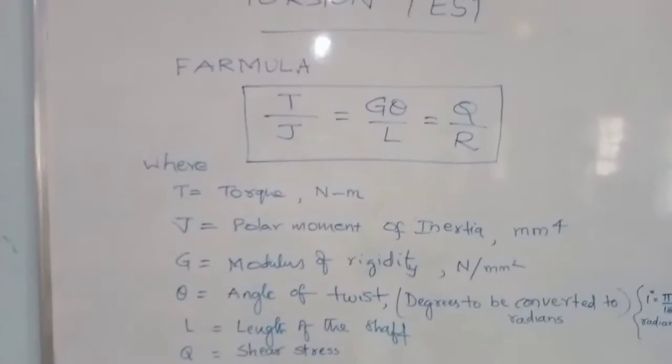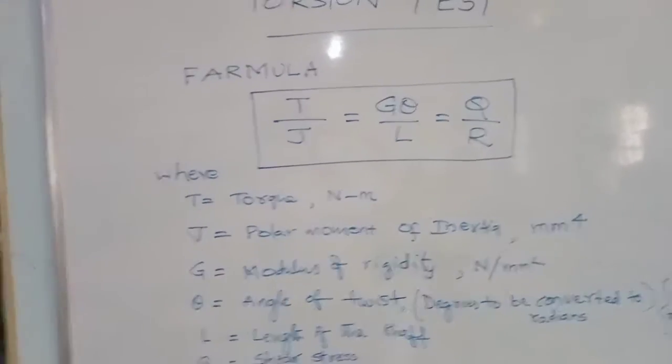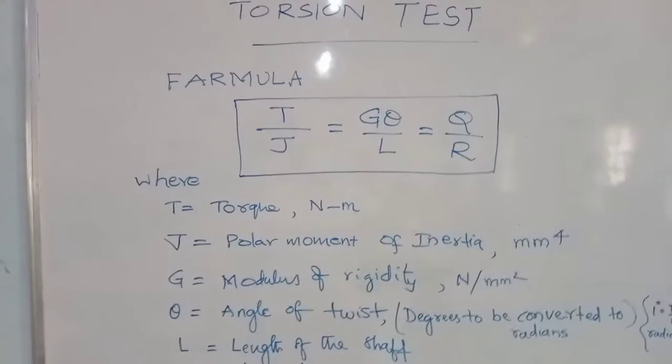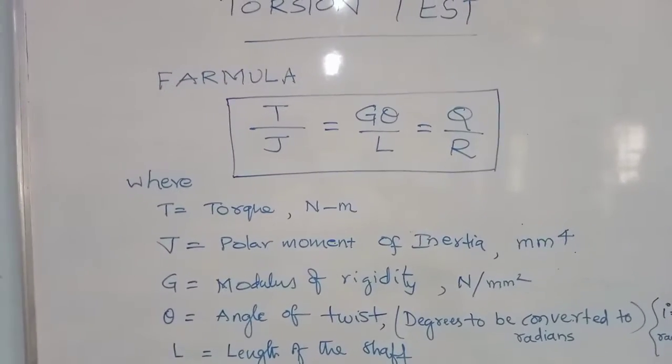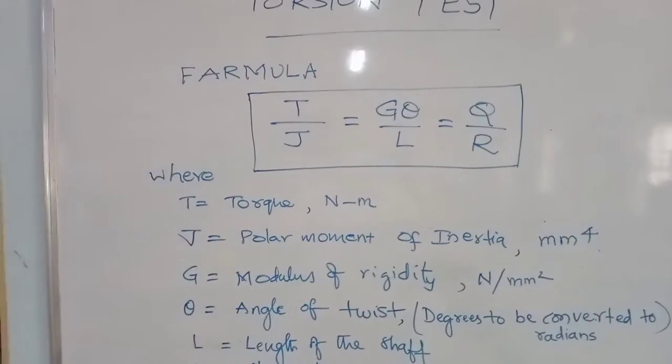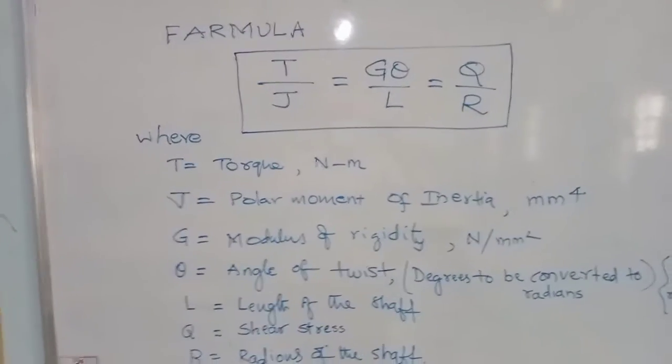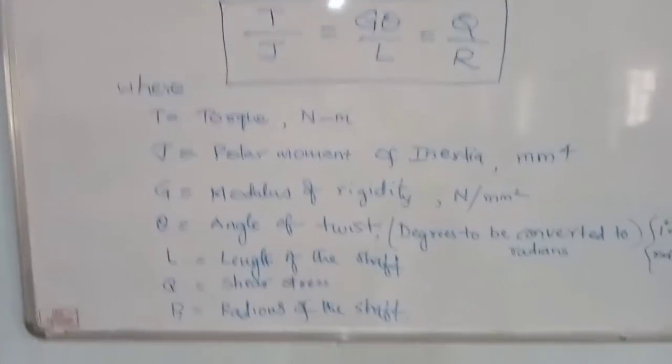So we know in a torsion testing machine the formula is T by J is equivalent to G theta by L is equivalent to Q by R, where T is the torque in Newton mm. I am writing here Newton meter, but it is Newton mm only. I will change it.